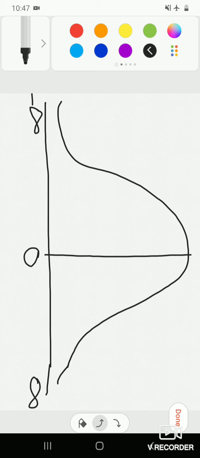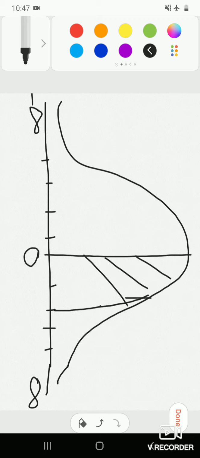The right hand side takes the positive values and the left hand side takes negative values. So this will be 1, 2, 3, and so on up to infinity. This will be -1, -2, -3, -4, and so on to infinity. Now suppose you want to find this region's area, that is 0 to 2.